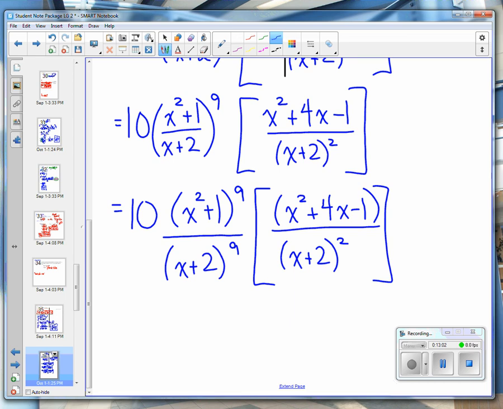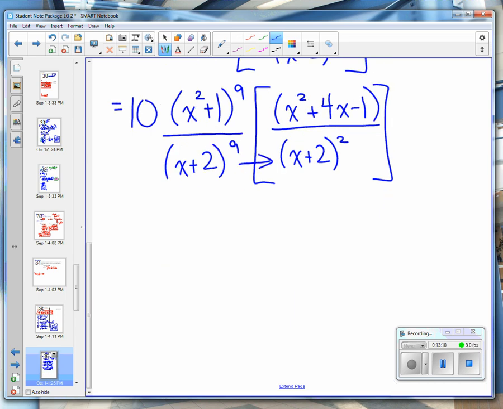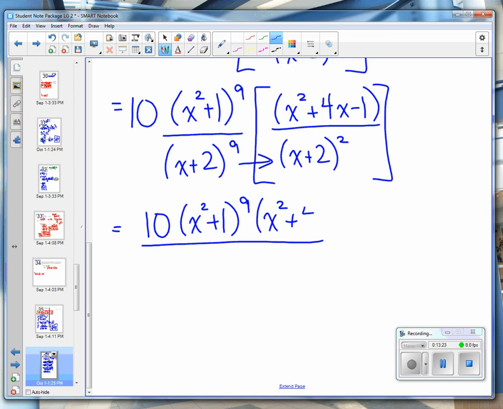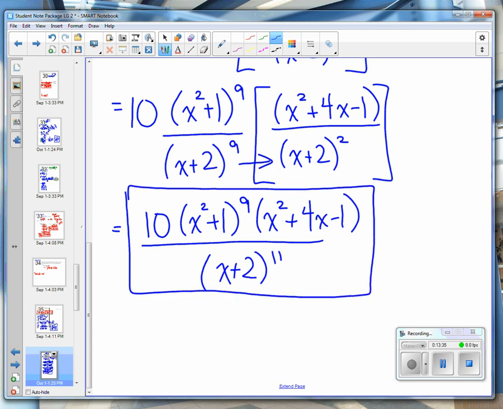So now what we can do is look at our denominator and say, okay, we're multiplying our denominators together, obviously, so we can combine those guys into a nice fraction. So let's make this one big fraction, one big happy family. 10 times x squared plus 1 to the power of 9 times x squared plus 4x minus 1 over x plus 2 to the power of 11, because 9 plus 2 is 11. And that would be our final answer.